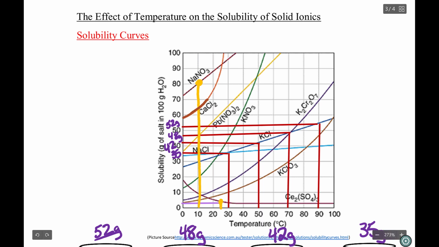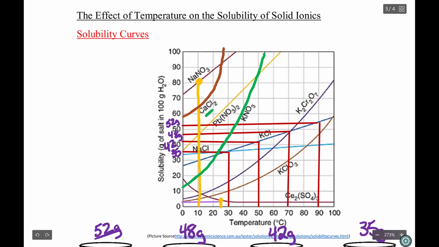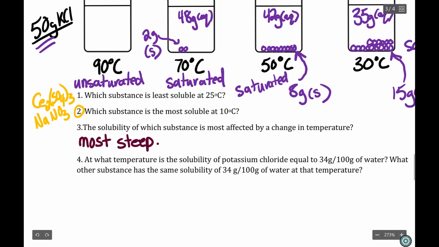Calcium chloride becomes really vertical the hotter it gets. This slope is very, very steep. Now the potassium nitrate is also very steep, this one here, but I don't think that's curving as vertically upright as the calcium chloride. So I'm going to say the calcium chloride is probably the one that is most affected by the temperature in terms of solubility.